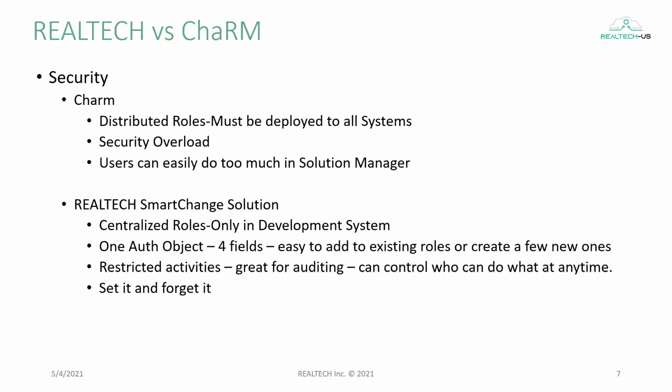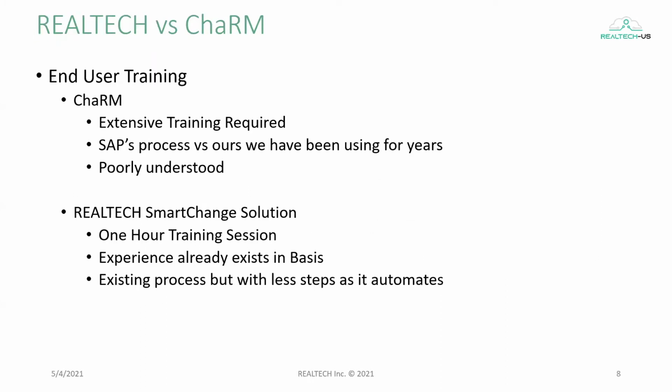So, end user training, right? This client said that extensive training was required, right? It's a whole new process. This company had a 10-year process with a binder that, when a new hire came on, they would give them that process: this is how it works, right?